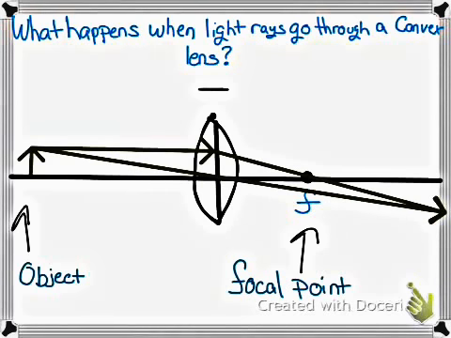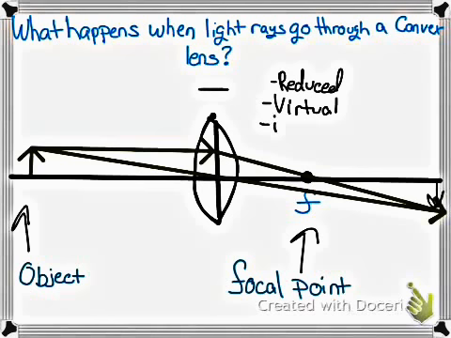Now we see that the two light rays meet right about here. The image produced looks a little bit smaller than your original object, so let's say it's reduced. This image is virtual and inverted below your principal axis.